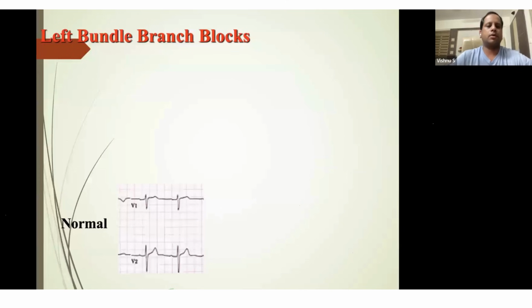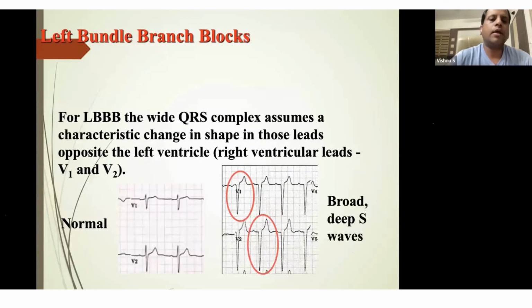And left bundle branch block is usually the same thing as I told on the right side. When the conduction on the left side is cut off, the first to activate is the right atrium and right ventricle, from the right ventricle through the myocardium and some part of the Purkinje cells.